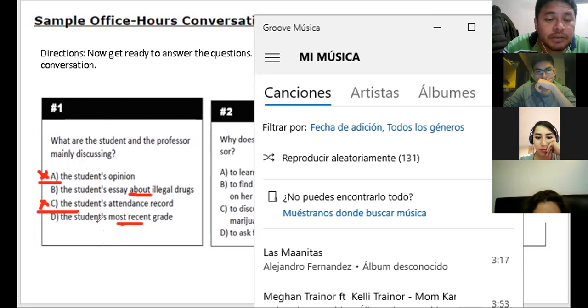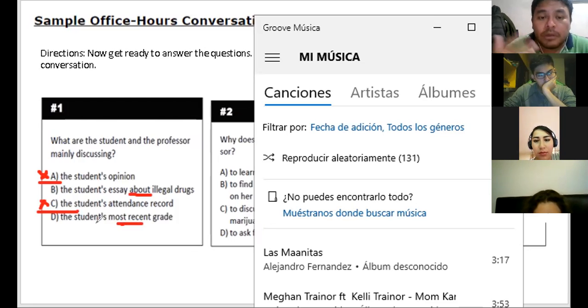The thing here was the first question, why did I get a low grade? In that case, it was only the question. But then he started asking about marijuana, illegal drugs, these things. So the correct answer is B because it goes further, introducing and explaining things about the essay, specifically the essay on illegal drugs.